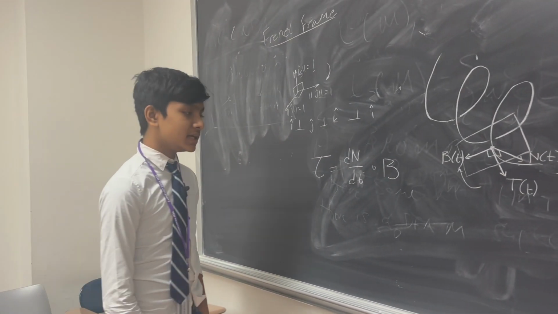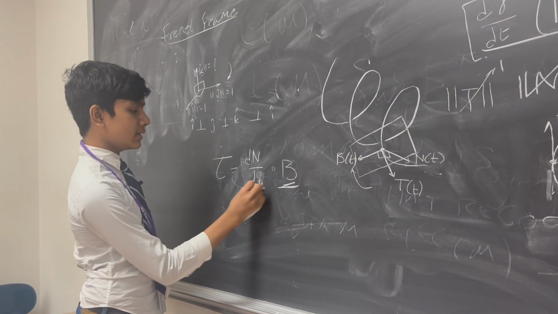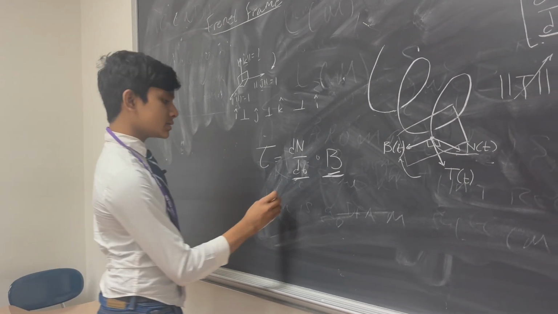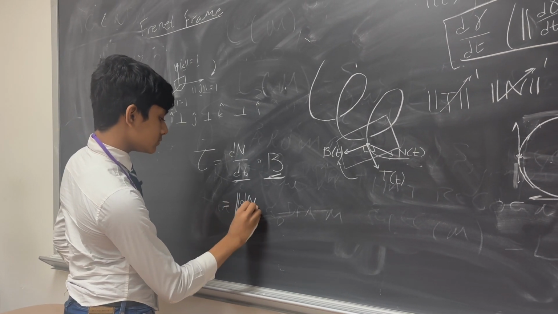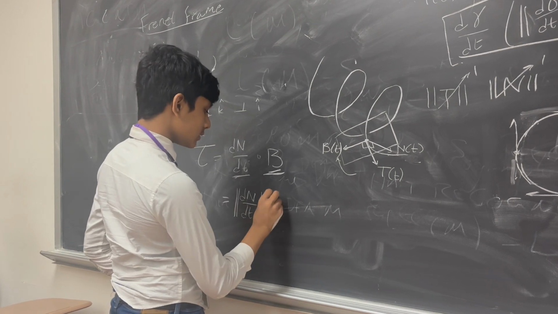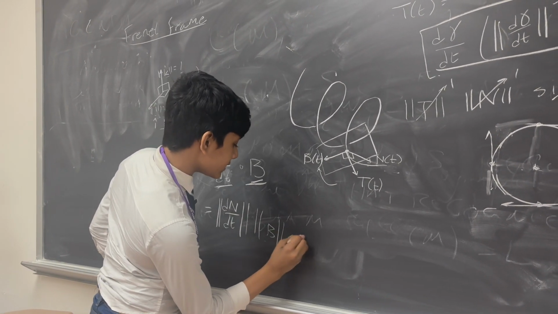So what does this mean? Well, this is not always going to be equal to a 1, right? Because this is going to be this, which is not necessarily 1, times this, which is actually 1, times cosine of the angle theta between them.